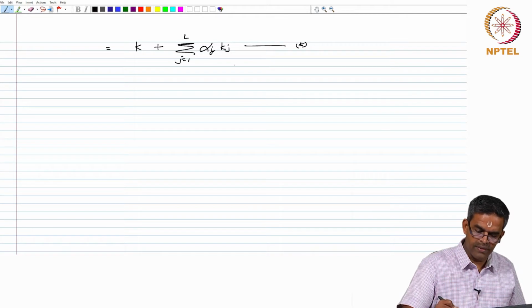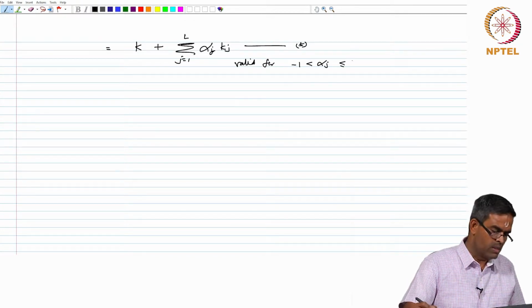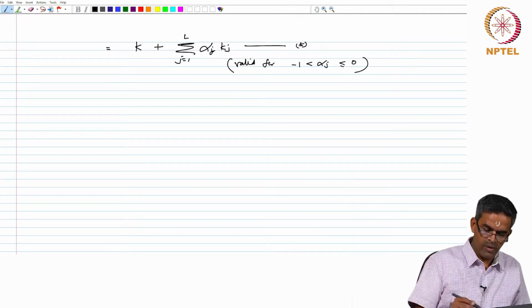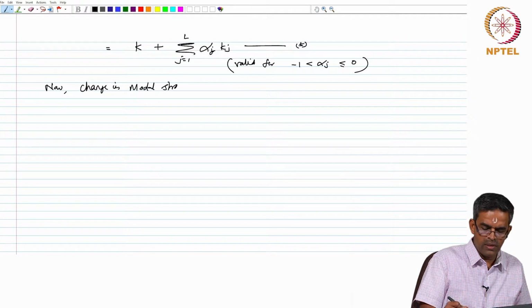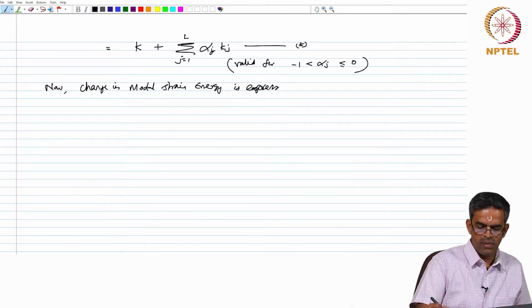This is valid for minus 1 less than alpha j less than or equal to 0. Now, change in modal strain energy is expressed as below.